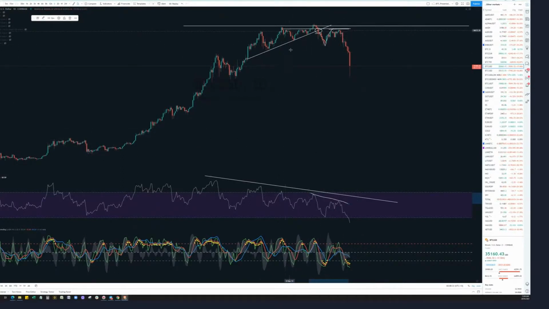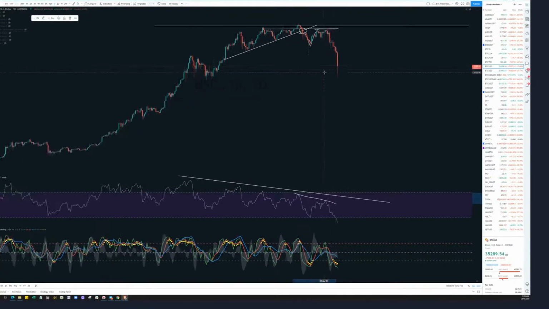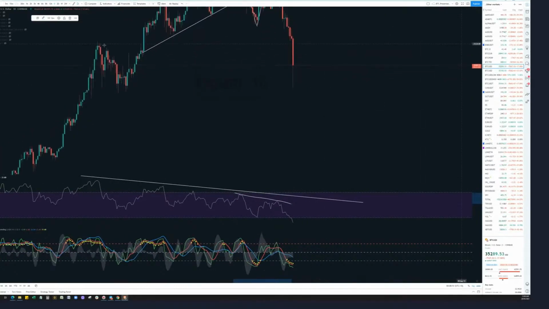People, I suppose, don't want to talk about it. I think the alts were the main form of focus, and what it did was it distracted a lot of people from Bitcoin and its potential drop. So if we look closer to this, hold on, give me a sec.